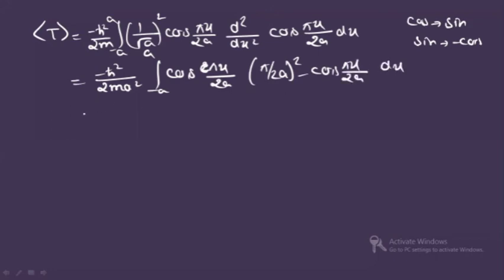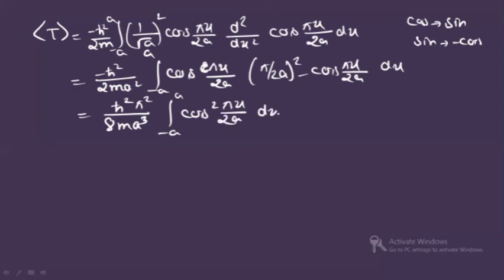This is dx. Now this pi square by 4a square will come outside. It will be h cut square, this will give us pi square, this is 4a square, so 4 times 2 is 8, m a square into a is 8 a cube. This minus will make this minus positive, right? You will have minus a to plus a cos square pi x by 2a dx.